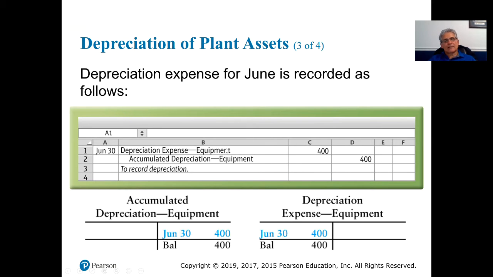Now they're adding to that specifically the equipment. I didn't do that, but when you're actually working on the entries in the textbook, you're probably going to have to include the equipment, because you can have other depreciable assets other than equipment. So we're keeping track of each one of those separately.